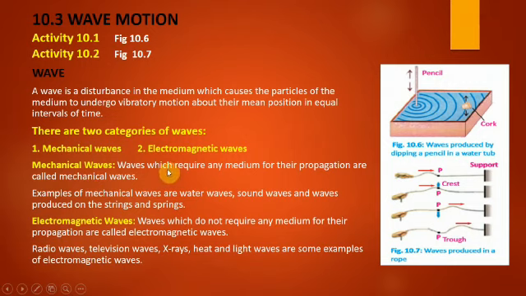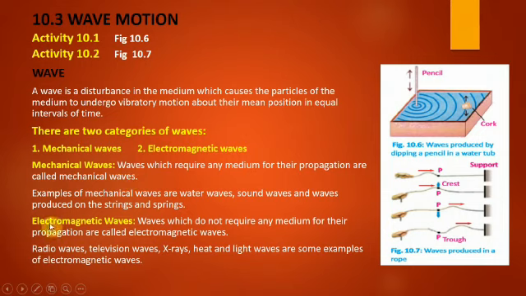Mechanical waves are waves which require a medium for their propagation. Students, propagation means movement. अगर किसी wave को move करने के लिए, transfer होने के लिए medium की ज़रूरत है, medium could be solid, liquid and gas, तो अगर wave को medium चाहिए then it means this type of wave is a mechanical wave. So examples of mechanical waves are water waves, यहाँ पे water medium है, sound waves, air is the medium, and waves produced on the string and spring. ये जो string आपने देखा या spring का example देखा, इनमें spring और string solid material हैं, तो ये तमाम waves are mechanical waves.